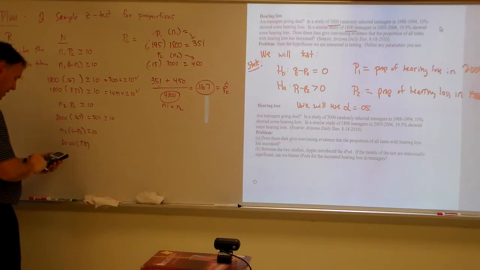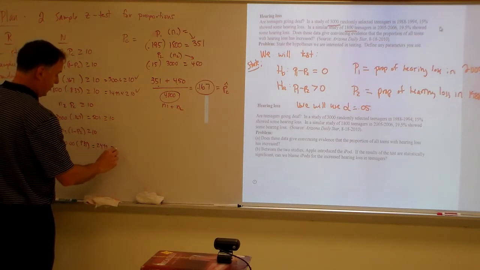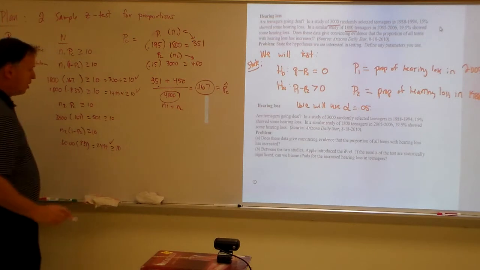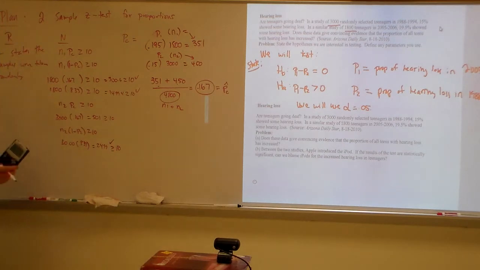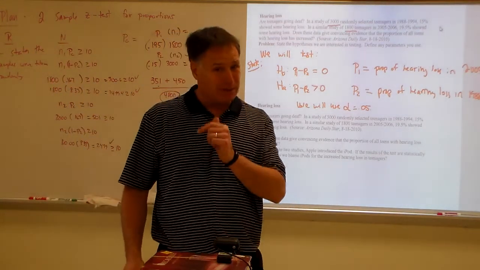And then 3,000 times 0.833 is 2499, that is greater than or equal to 10. So how about that? We've checked our normal condition. The normal condition is satisfied. Okay? That's how you have to do pooled proportions. You only have to do it when you have a z-test. That's the only time you have to worry about that.